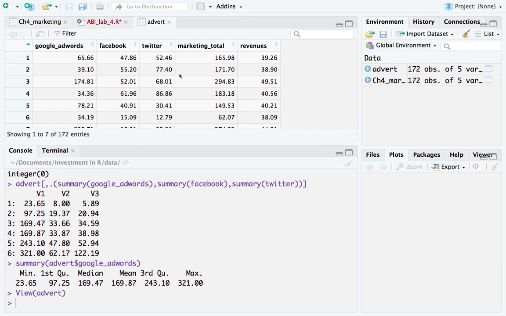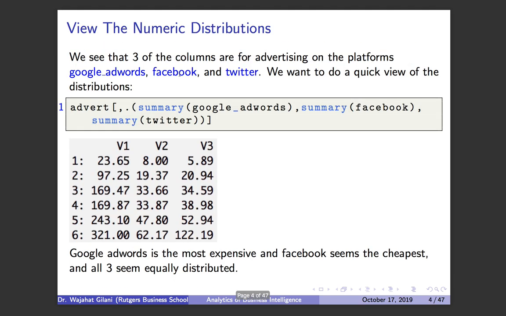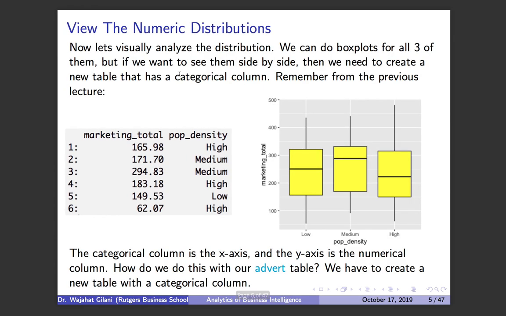Let's say we want to analyze the distributions, like we did for Google AdWords, Facebook, and Twitter. Because the way the data is set up is that the amount we spent on marketing in these 3 different marketing channels adds up to the total amount we spend on marketing, and then we see how much revenue is generated from that marketing, right?